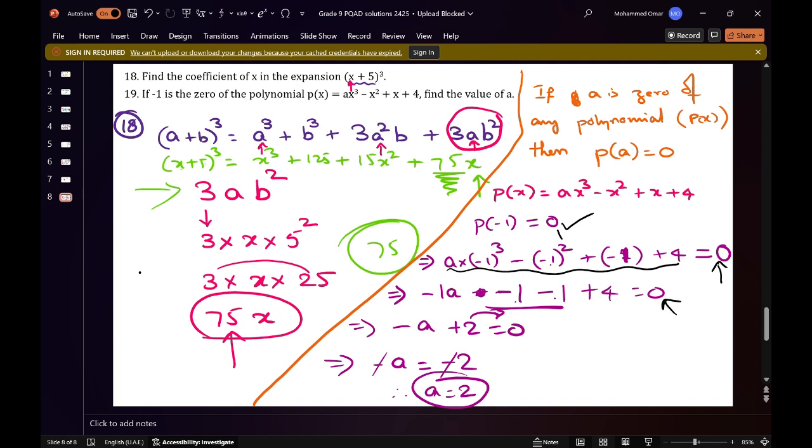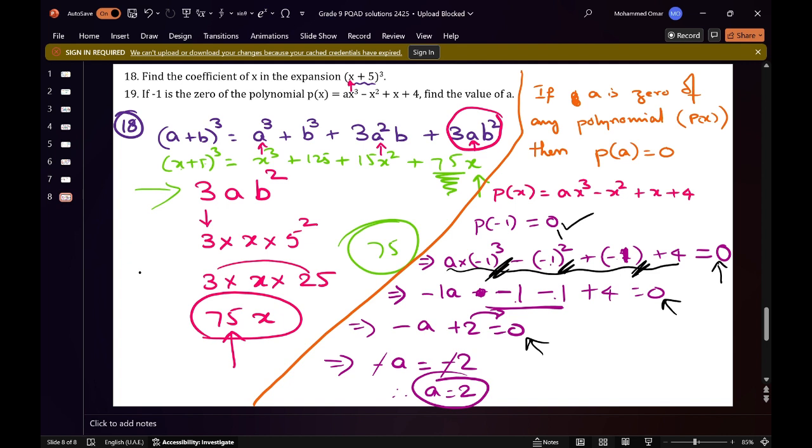Here also you will forget to write 0. Here also you will forget to write 0. And somewhere you will forget to write that a is equal to 2. Understood? The next place where you will make mistakes is minus 1 whole cube, minus 1 whole square, and plus of minus 1. In these three places you make mistakes.